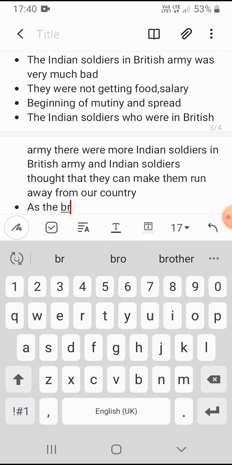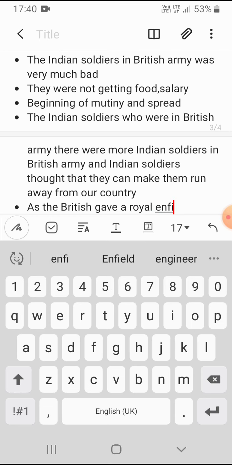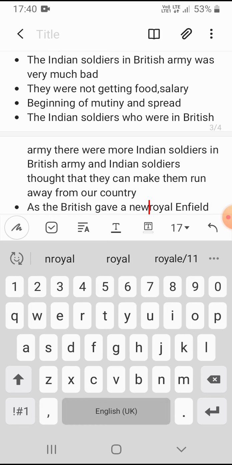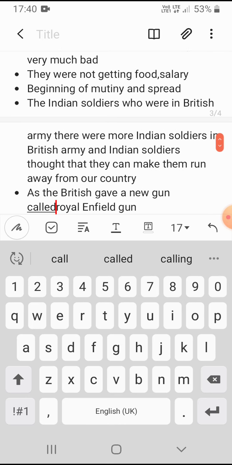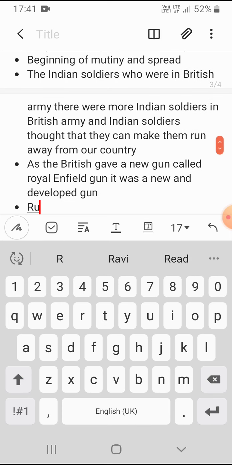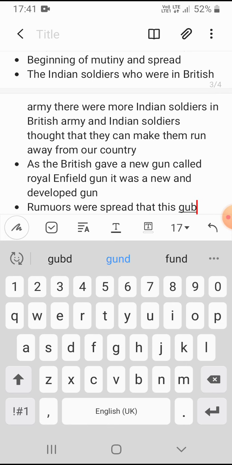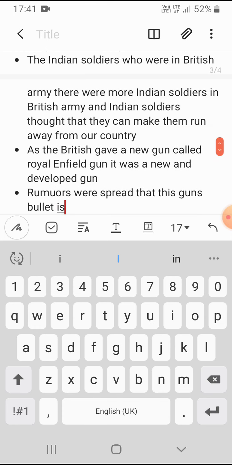The British gave a new and developed gun called the Royal Enfield gun, and rumors were spread that this gun's bullet is made of cow and pig's skin.